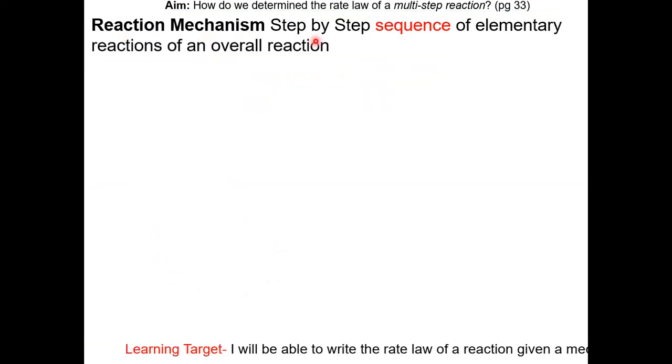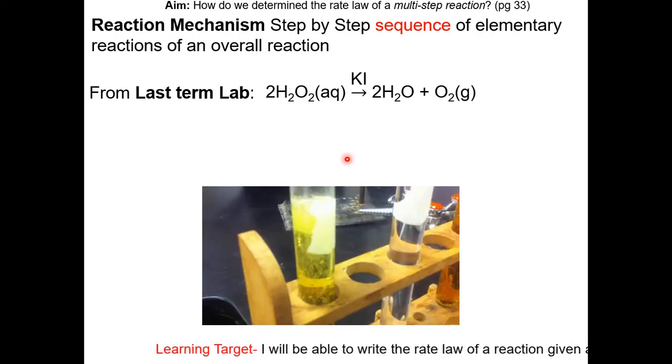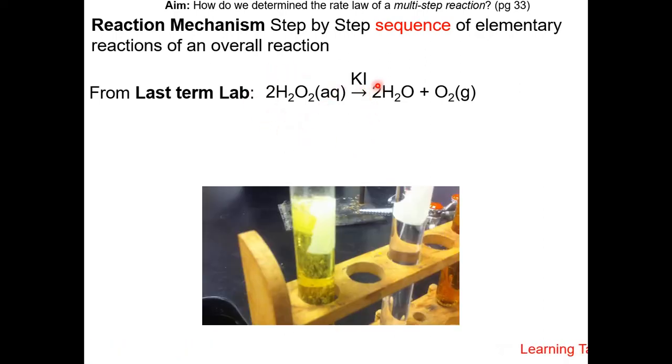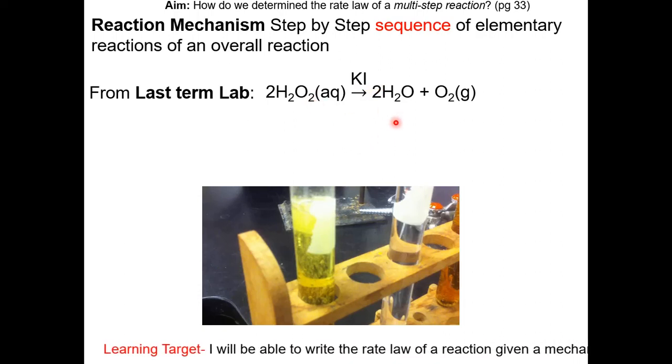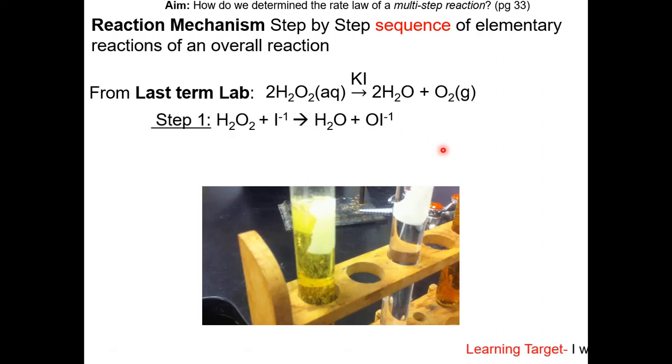A reaction mechanism is a step-by-step sequence of elementary reactions of an overall reaction. Last term we did a lab involving making oxygen gas from the decomposition of hydrogen peroxide using potassium iodide as a catalyst. Even though this reaction looks like it's one step, it is actually more complex. It is two steps.